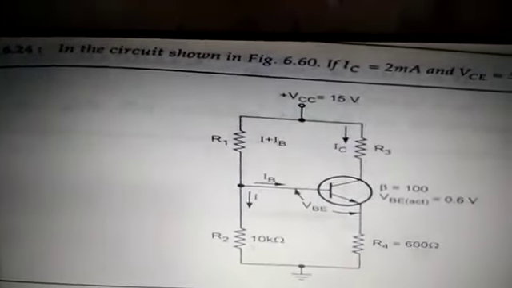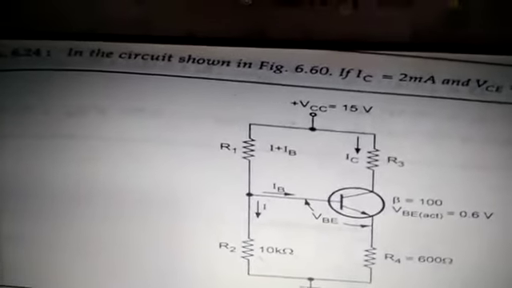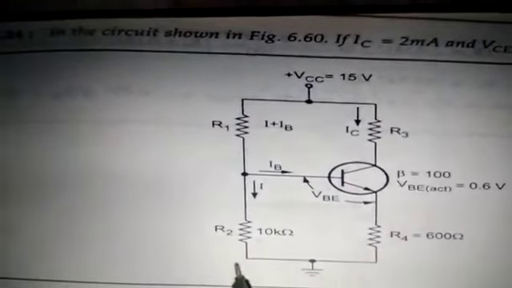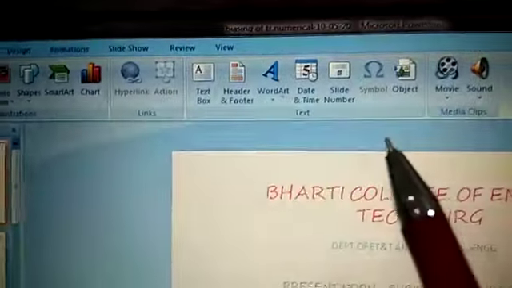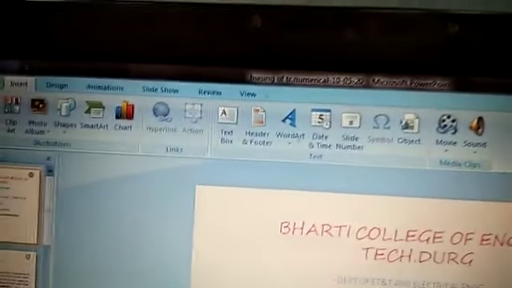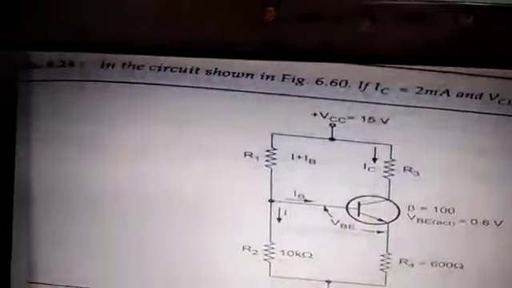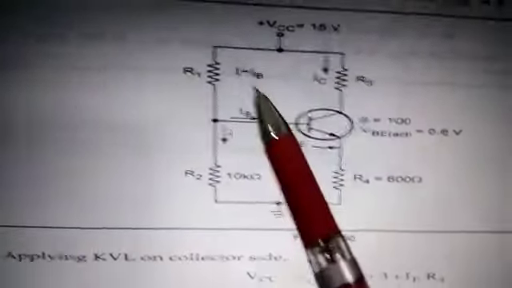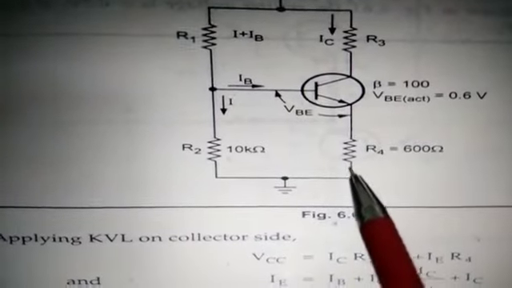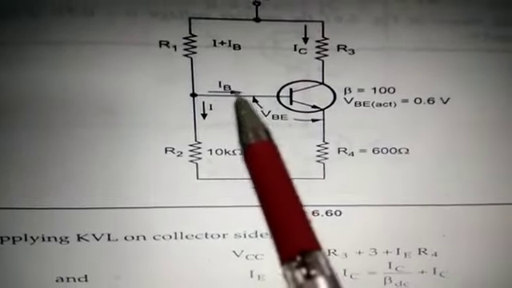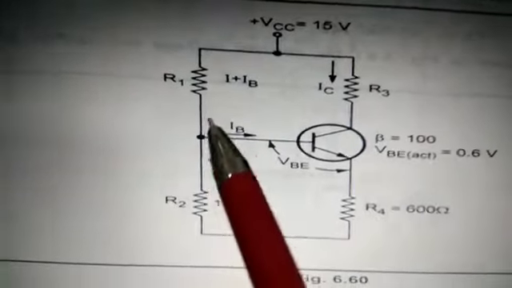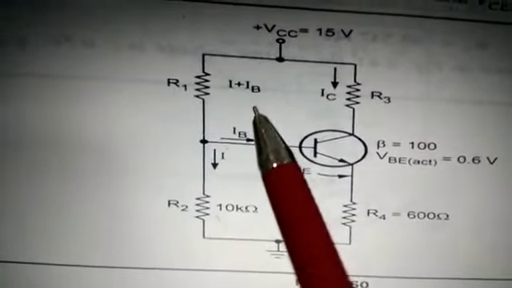Similarly, another problem is of the common emitter configuration with voltage divider bias. R1 and R2 are the voltage divider bias. R3 is the collector resistance, and R4 is the emitter resistance. This is VBE, this current is IB, and this current is I. Therefore, the current flowing through R1 is I plus IB.